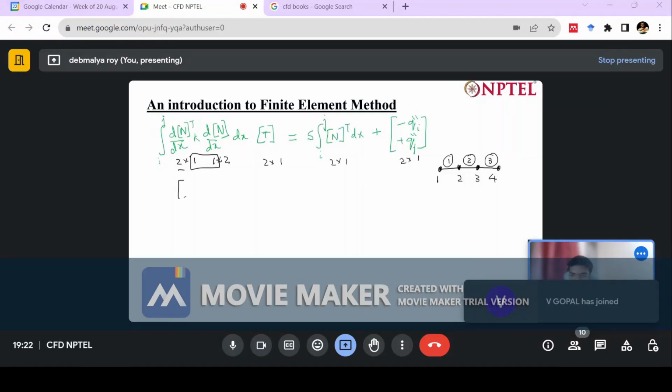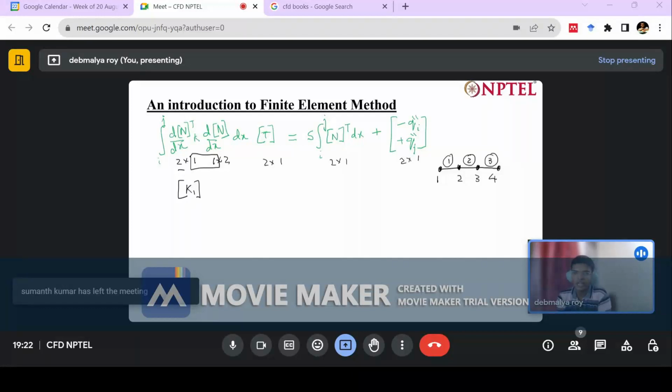So let's define this as K1 for the element 1.